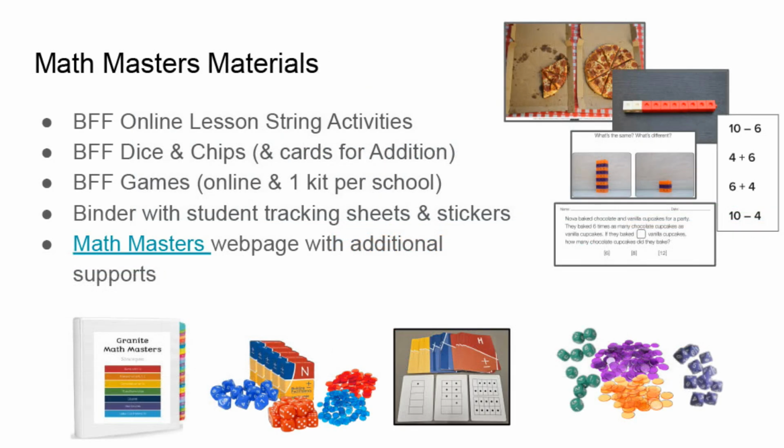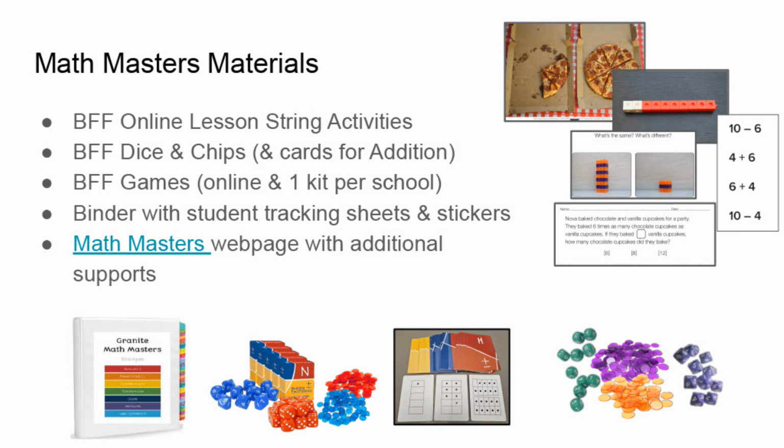These are the materials that you will need to successfully implement Math Masters in your classroom. The BFF lesson strings, which are available online, the BFF dice and chips, which are in your box, as well as the cards if you're using the addition kit, the BFF games, they are all available online, and each school will be receiving 1 kit of suggested math games for grade levels to be able to use within their school.